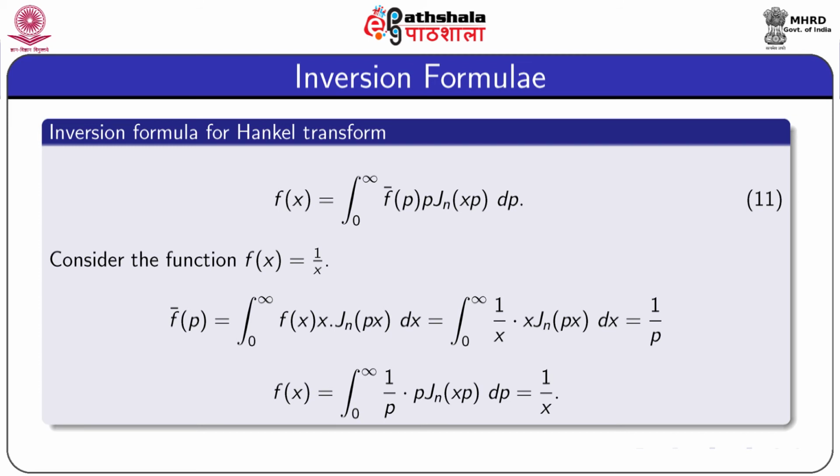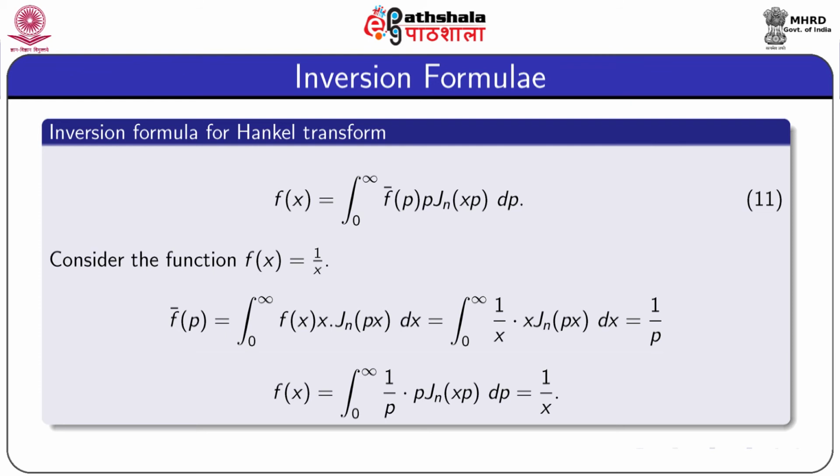Now, we consider the function f(x) as 1 by x. Then the Hankel transformation of this f(x) is given by f bar p equals integration 0 to infinity f(x) x Jn(p x) dx, and after integration we get its value as 1 by p.